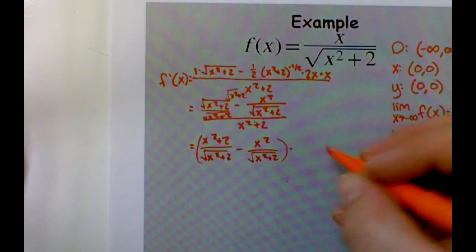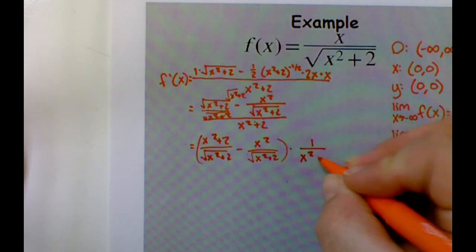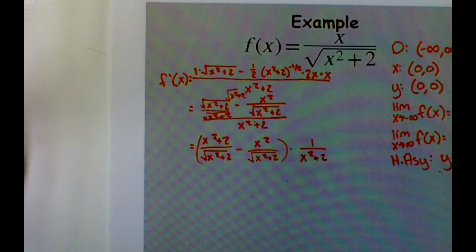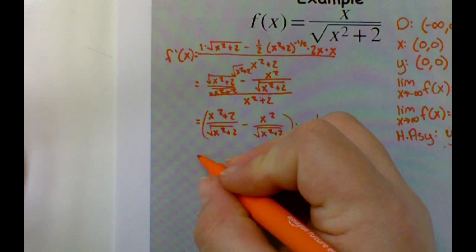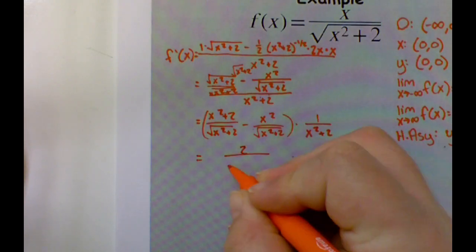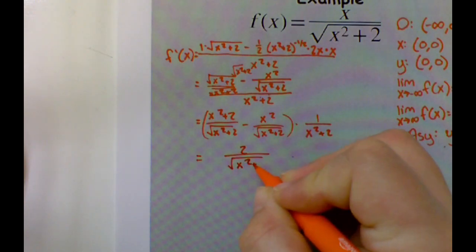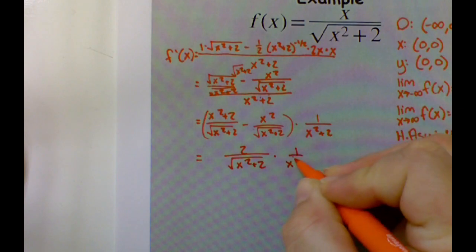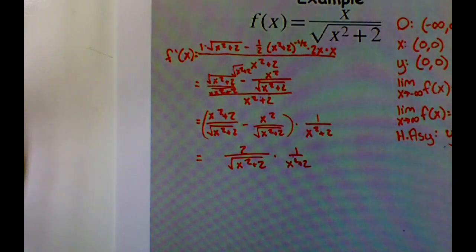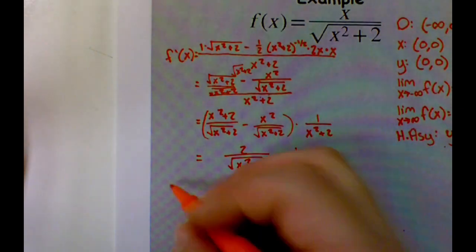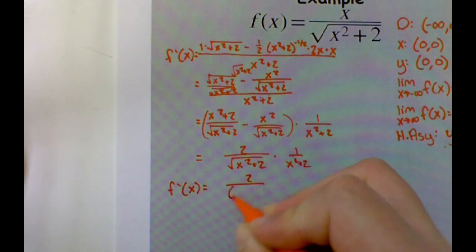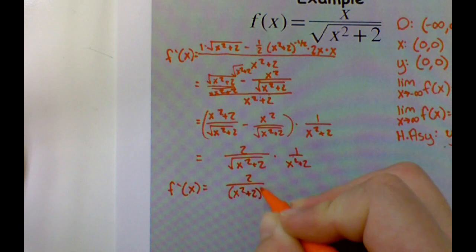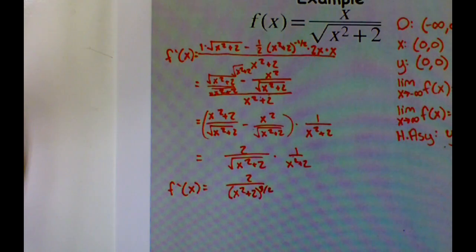And I'm just going to take that whole thing and multiply by 1 over x squared plus 2, so I don't have to write a fraction within a fraction anymore. And this will become 2 over the square root of x squared plus 2 times 1 over x squared plus 2. Now we can combine those denominators and call that 2 over x squared plus 2 to the 3/2 power.